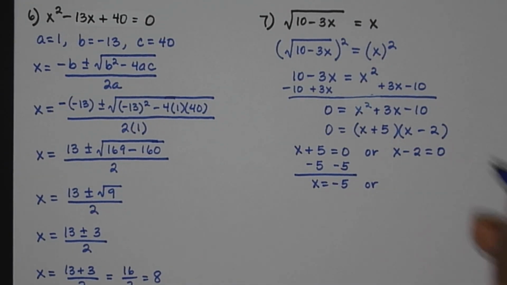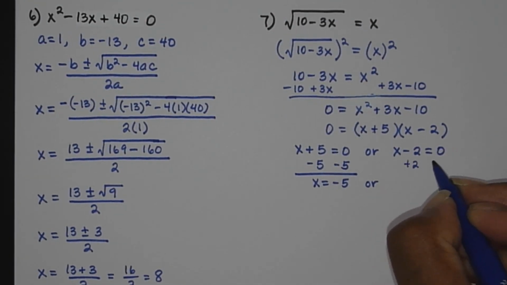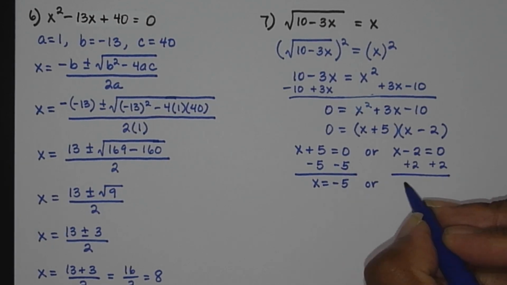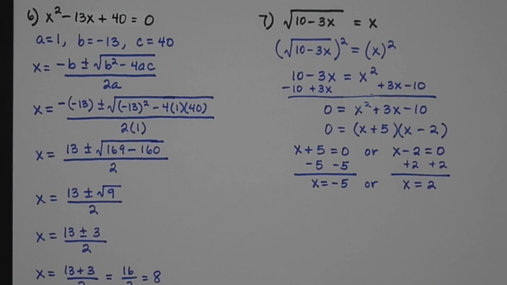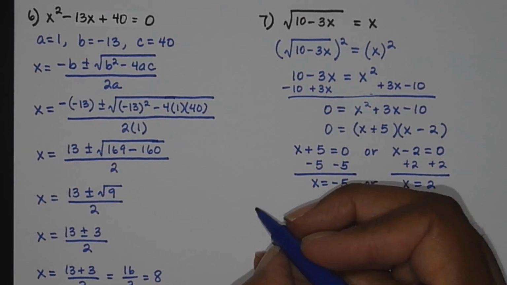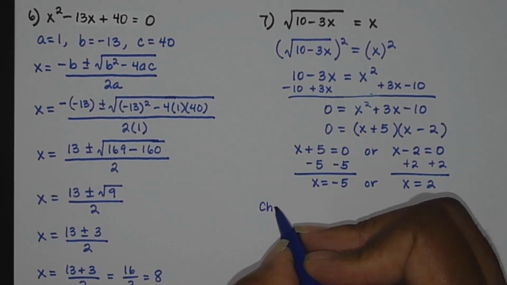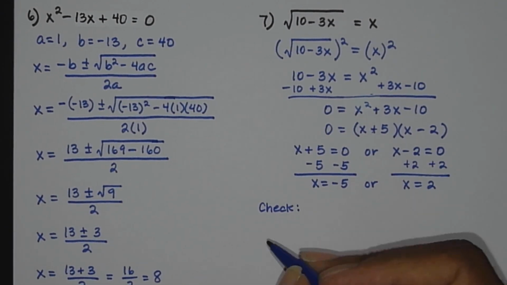Or for the x minus 2 is equal to 0, if I add 2, I'll get x equal 2. Those are my two proposed solutions, but only one of them is the actual solution for this radical equation. So this is where we check our proposed solutions.